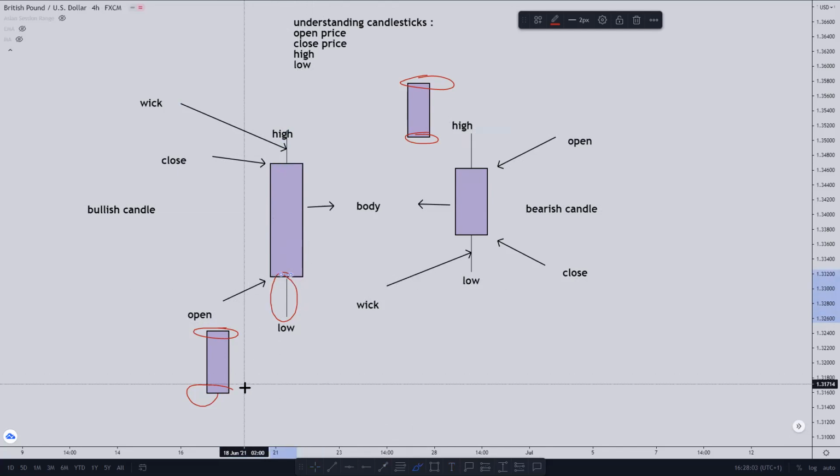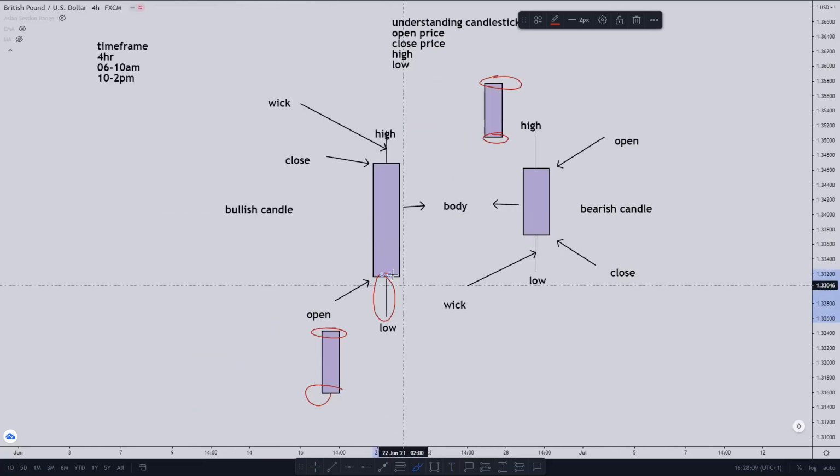So for example, price opened at this area, which means the 10 p.m. candlestick, which is this one. When this closed at 10 p.m., this opened here at this price.